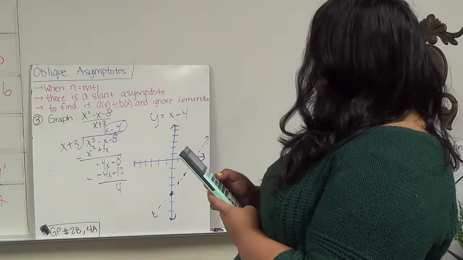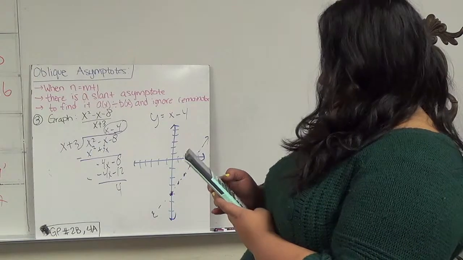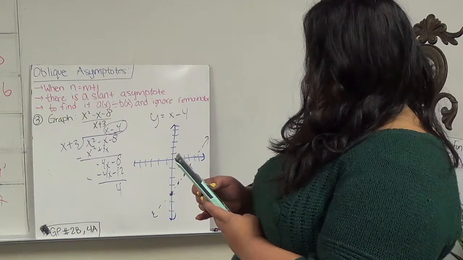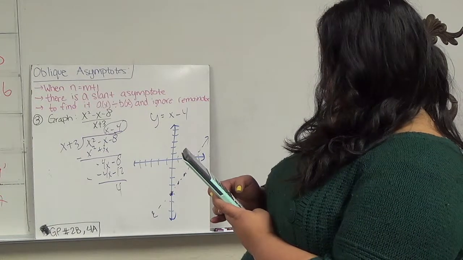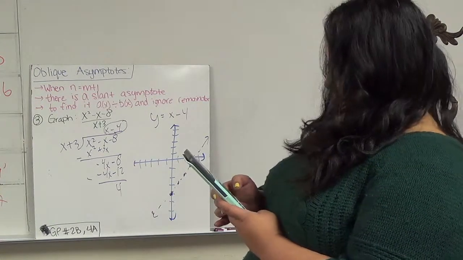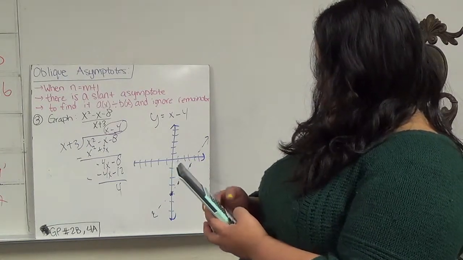This is x squared minus x minus 8 divided by x plus 3.